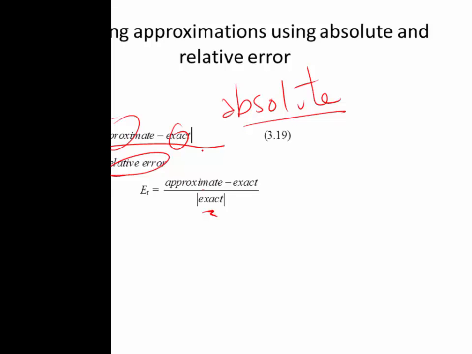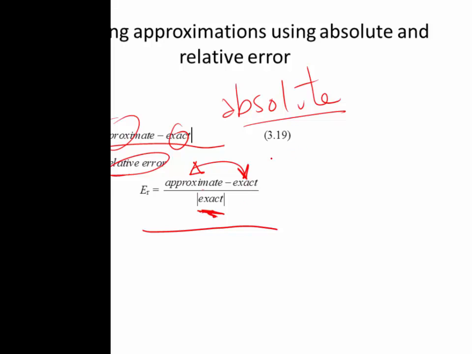Okay, so the way this is going to work is this is the difference, or like a residual, between the approximate and the exact, and then we're scaling that to the exact value. So this is like a fractional value.